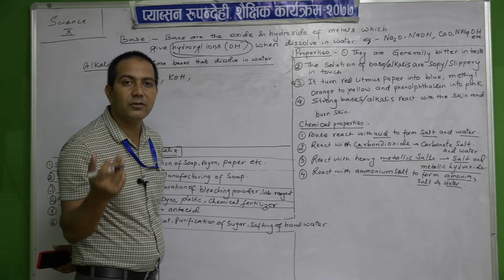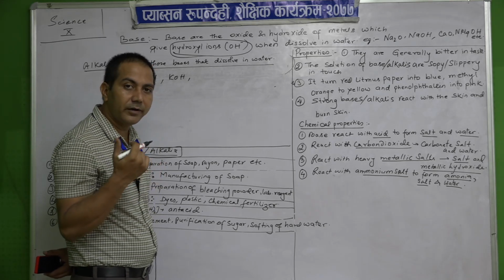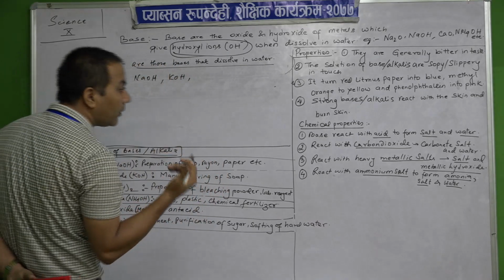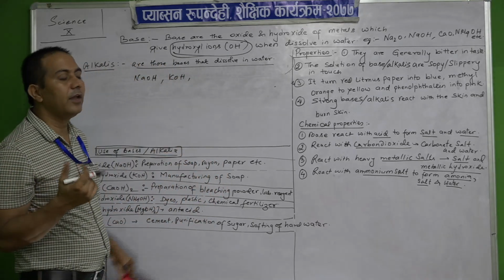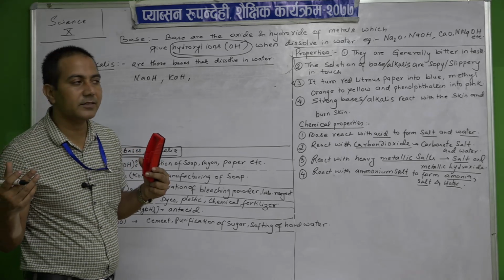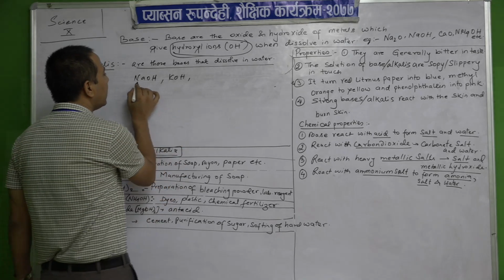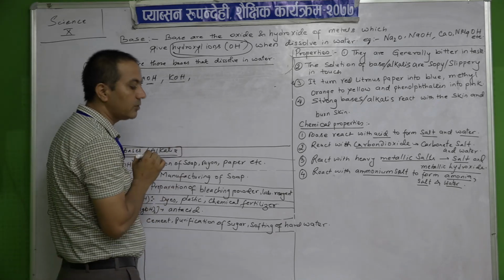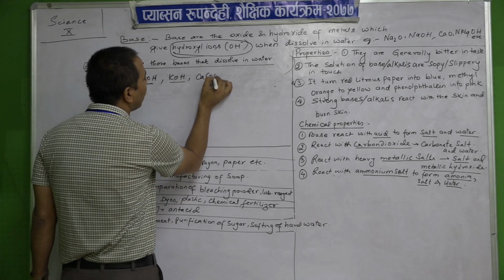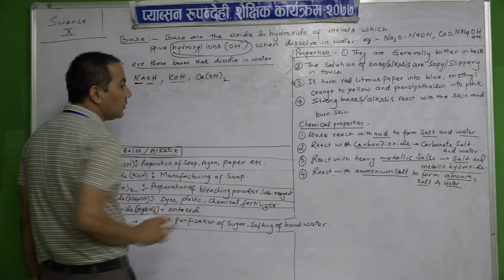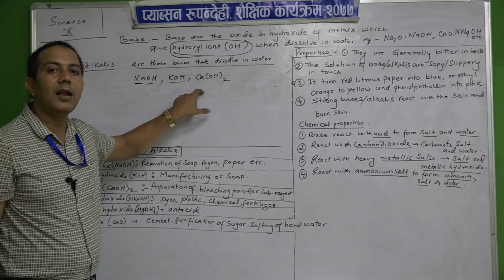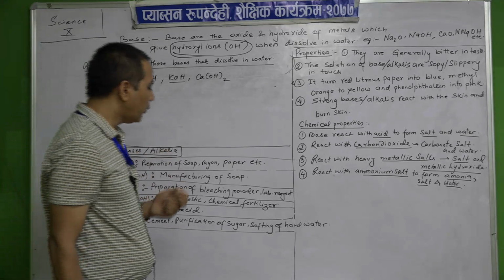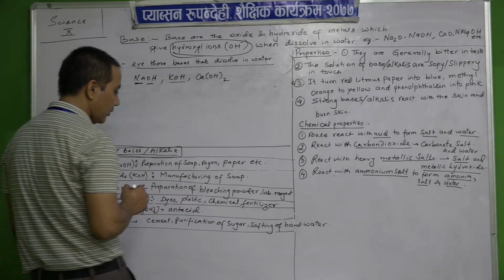When sodium hydroxide dissolves in water, an exothermic reaction takes place, isn't it? So it dissolves in water. Potassium hydroxide and calcium hydroxide also dissolve in water. So, these are alkalis. Alkalis means those bases which are dissolved in water.